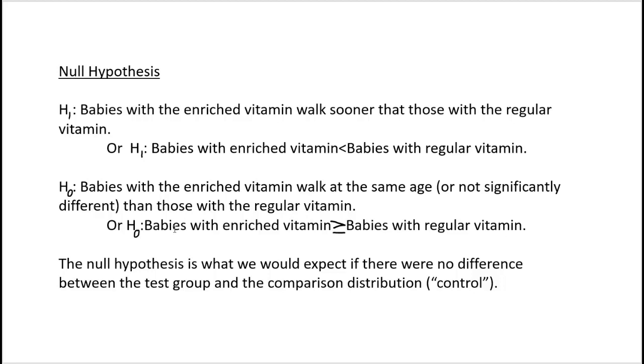Another way of saying that with statistical symbols is H sub 0, or the null hypothesis, is that babies with the enriched vitamin will have a walking age in months that is greater than or equal to babies with the regular vitamin. Remember, the null hypothesis is what we would expect if there were no difference between the test group, or our sample in this case, and the comparison distribution, also known as the control.